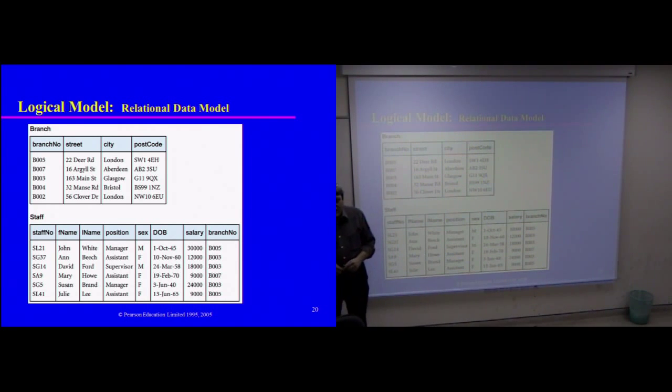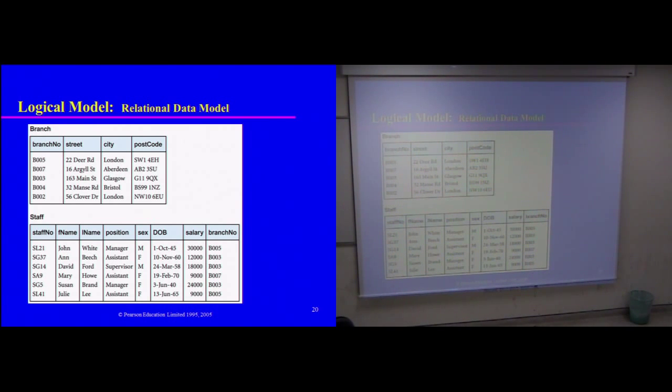Every one of us, even before studying database, even before getting into the College of Computing, has seen many tables in his life, and he can read tables and understand what the data in a table is. So it's a very simple model.